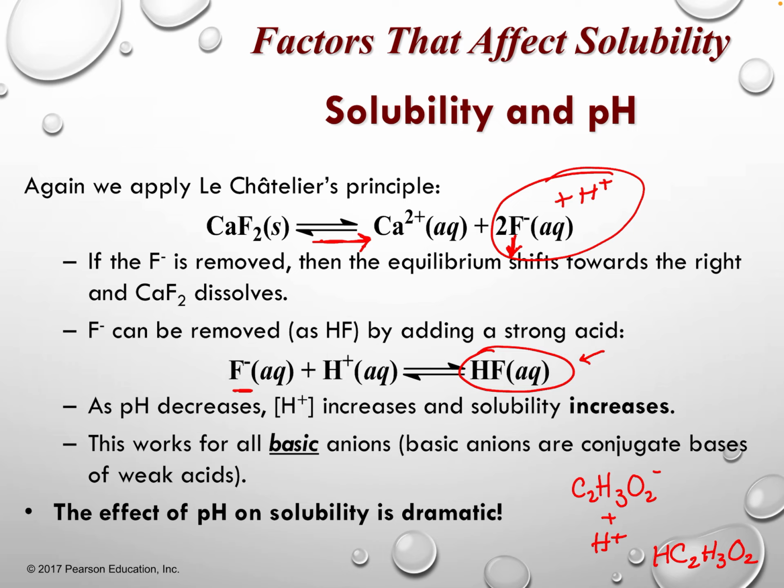But if you saw something with acetate, same kind of thing. If you increased our concentration of our hydrogen ion, that would remove our acetate from solution as acetic acid, and it would make it more soluble. Okay, and the effect of pH on solubility is really, really dramatic. You can make a big impact on the solubility of something by changing the pH.